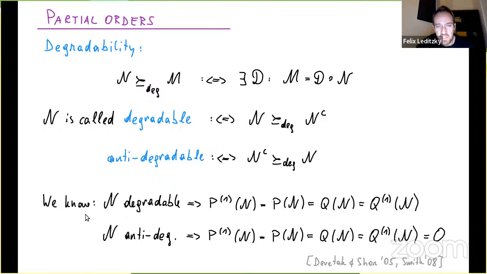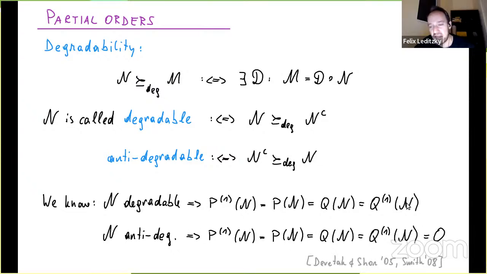And we know that these partial orders imply certain statements about the capacities and information quantities. So if N is a degradable channel, then we know that the quantum and the private capacity actually coincide. So there's no separation between them. And furthermore, they're actually given by single letter formulas, namely they're all equal to this single letter channel coherent information.